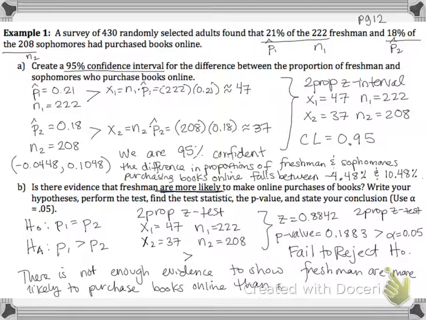More likely than who? Than sophomores. Okay? We are going to do one more. In the next video, I'm going to follow up with example 2 also on page 12. So go ahead and watch that and let me know if you have any questions at all. This one's just going to be a test, not both an interval and a test.